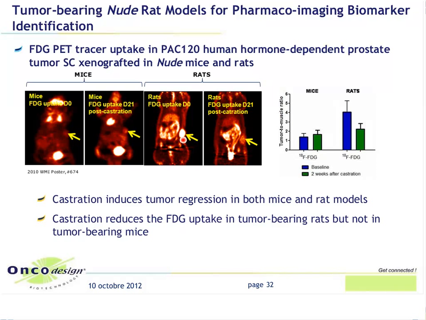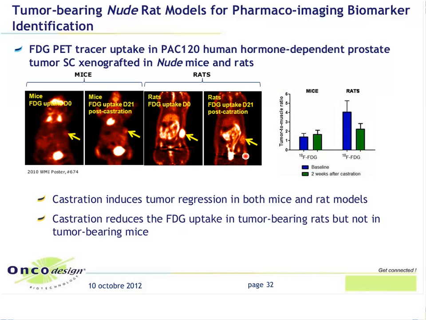Moreover, this prostate tumor is known to be hormone-dependent, and a tumor response is always observed after castration of male rats or male mice. Castration reduces the FDG uptake in tumor-bearing rats, pictures 3 and 4.